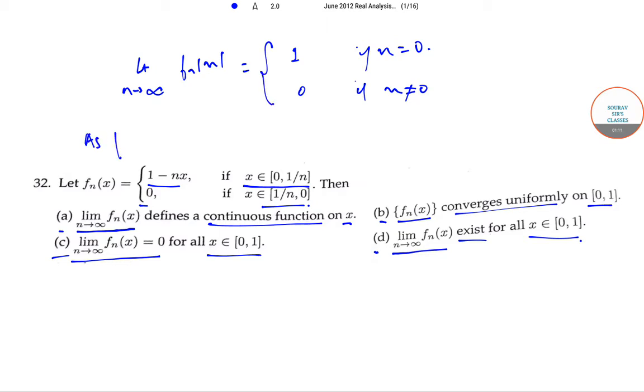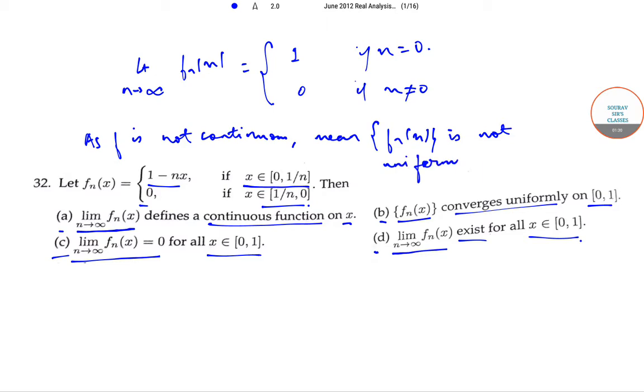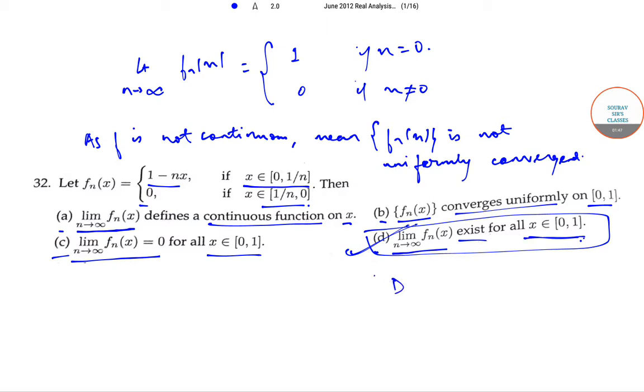Thus, as the limit f is not continuous, it means the sequence f_n(x) is not uniformly convergent. So clearly option D holds. That is, limit n tends to infinity f_n(x) exists for all x belonging to [0, 1]. Thus option D is the correct answer.